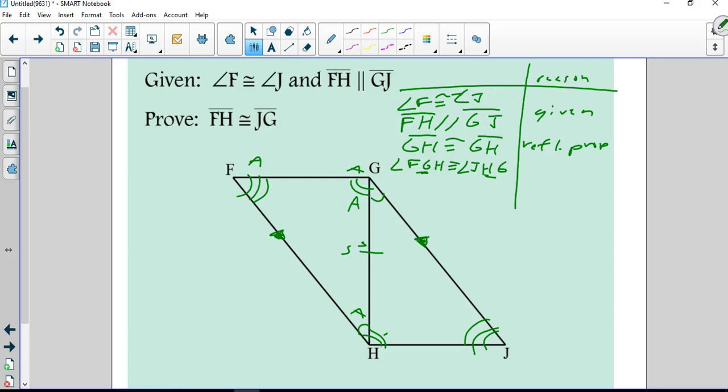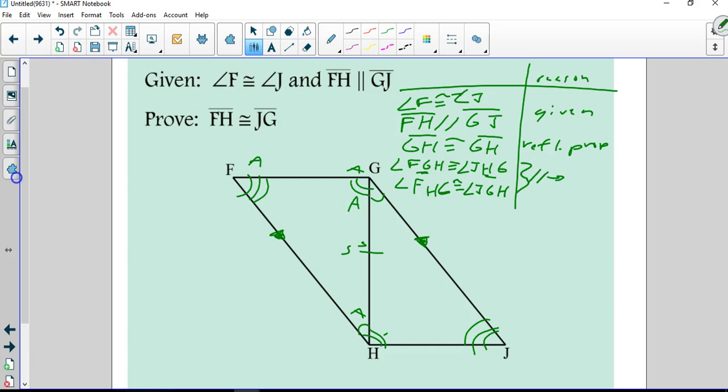Now, depending on which rule I go with, I may need the other angles. So I'm going to say also angle FHG is congruent to, I started at 3, went to 1, so that's angle JGH. And both of these are the same rule.